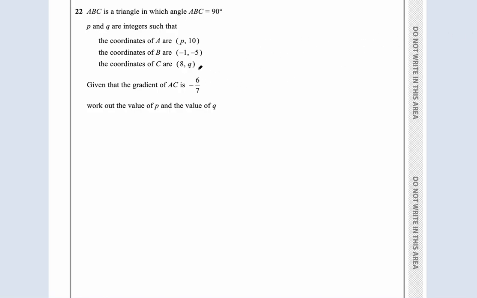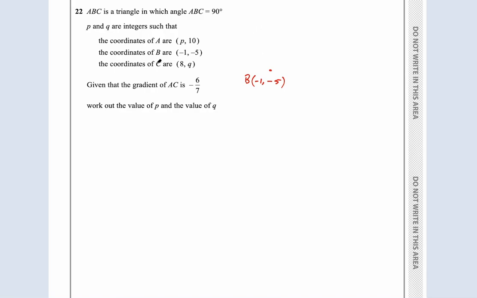So we're not too sure how this looks on the grid, although we know B is the one coordinate that we do know. Let's put B here. B is (-1, -5). I'm not going to draw the grid because I'm not sure where everything is going to go. So this is B, and we know A's y-coordinate is above B, so it's up here somewhere.